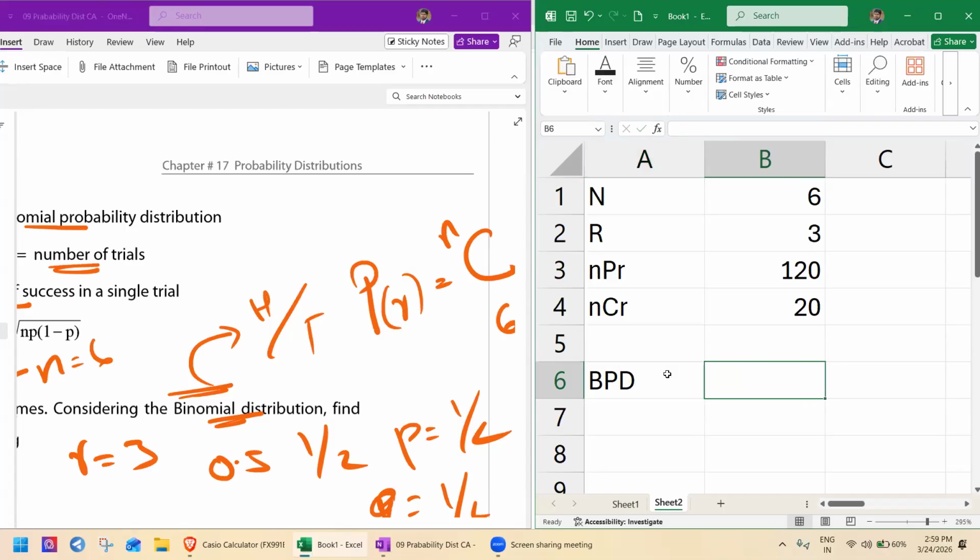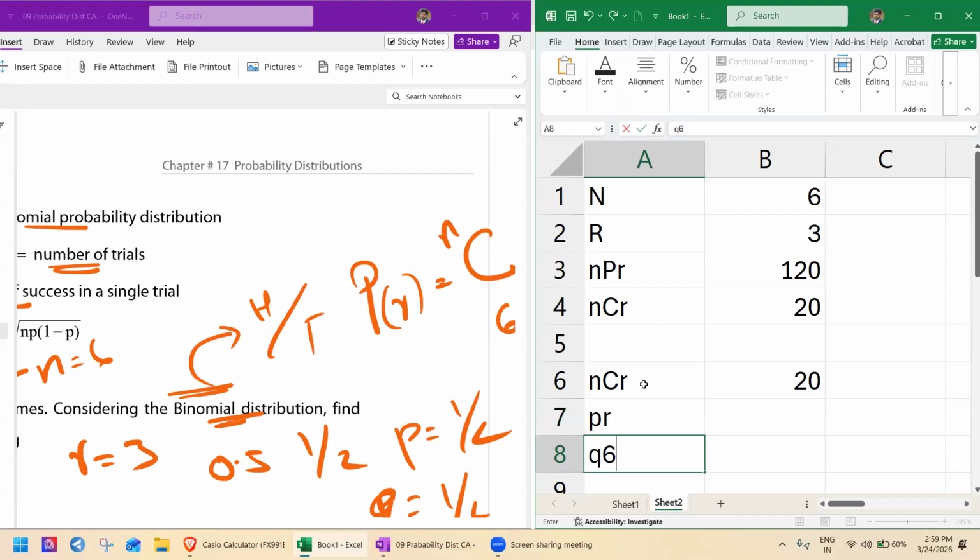Here nCr, so we can get this value, and here I can put P^R and Q^(n minus R). Here P^R, you know that 0.5 to the power R. What is that R? R is 3.